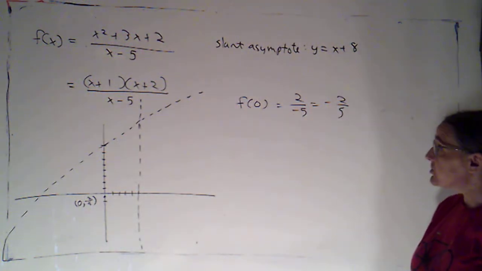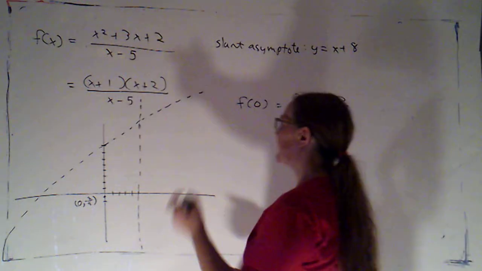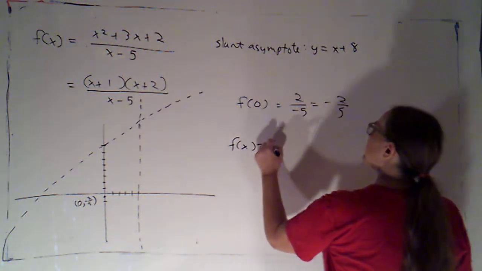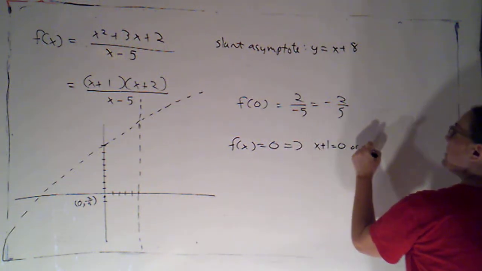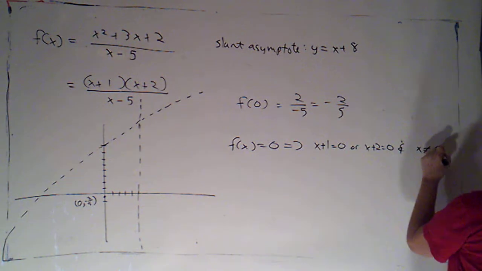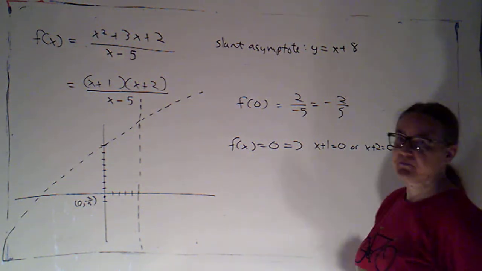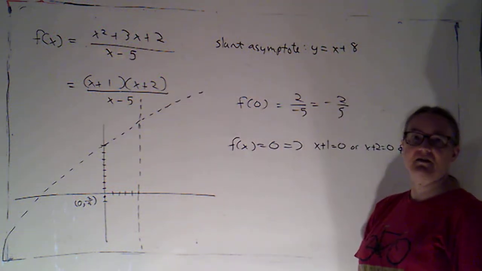For our x-intercepts, the numbers that make the numerator 0, well, let's actually write this out. f of x would equal 0. That would mean that x plus 1 equals 0, or x plus 2 equals 0, and x isn't 5, because the bottom can't be 0. Now I know there was nothing that made the top and bottom 0, because they didn't have any factors in common.